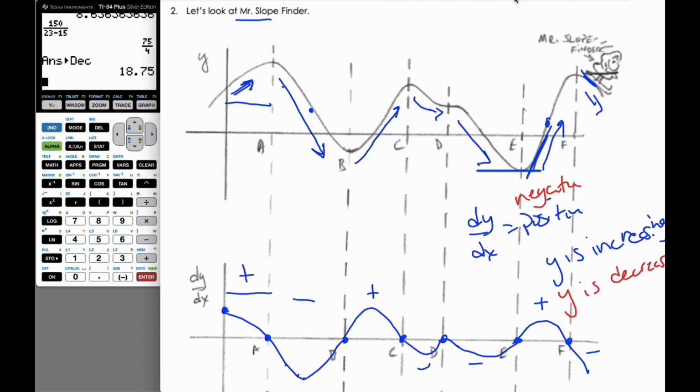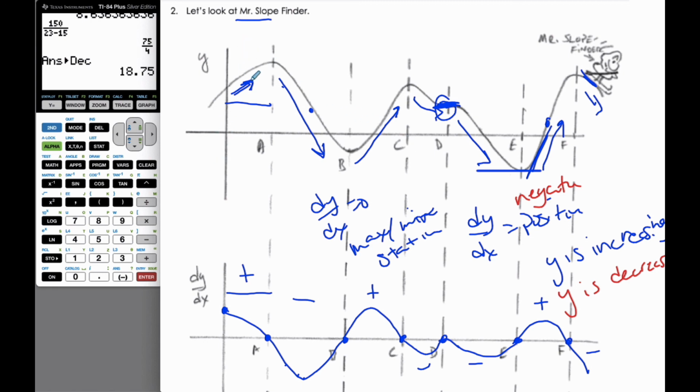And if the derivative is equal to 0, that means the original function has a max or min, or what we call a stationary point. Or more specifically, this is a horizontal tangent line. These are all stationary points, a horizontal tangent line.